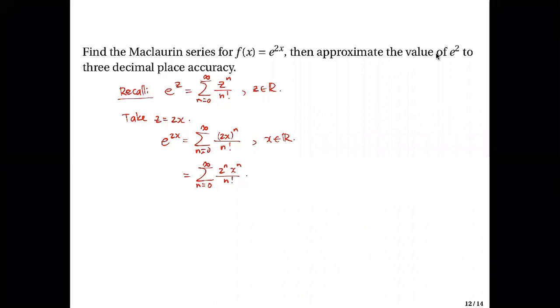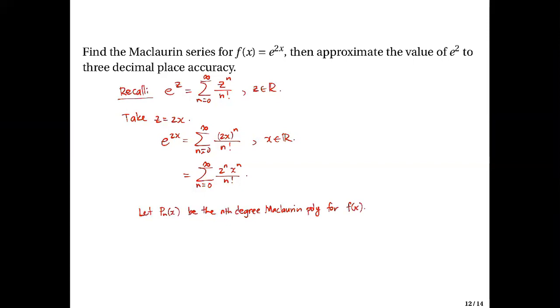Now, let us approximate the value of e squared to 3 decimal place of accuracy. So, to do this, let's start with the following. We let, say, p sub n of x be the nth degree Maclaurin polynomial for the function f of x.